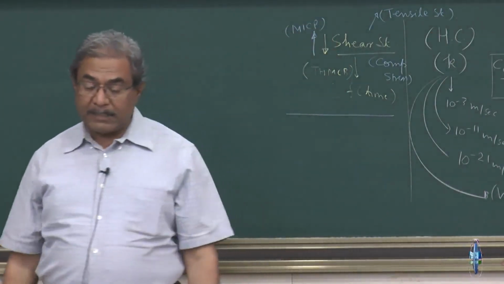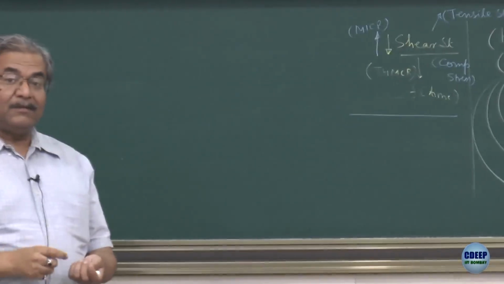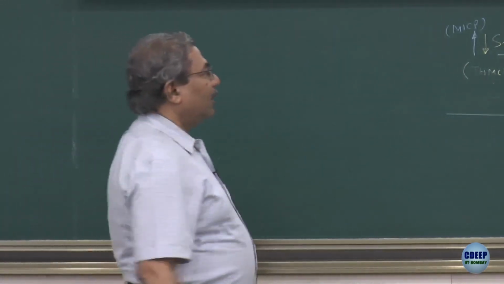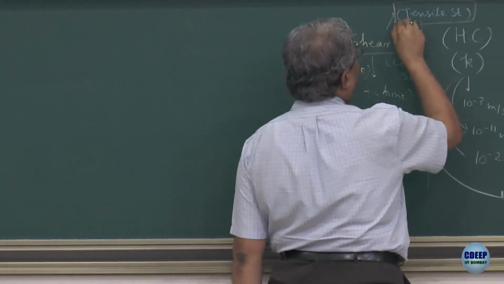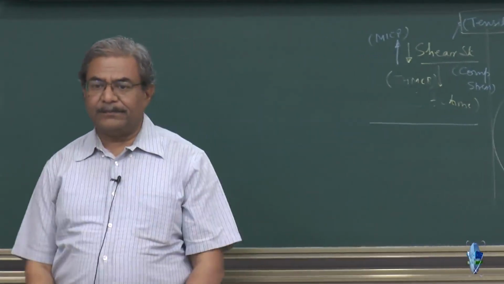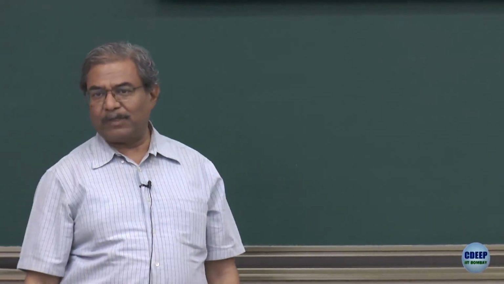And then there are specialized tests to get this parameter. Had it been a steel wire, what could we have done? We could have done an elongation test, correct? You must have studied this in your 10+2 physics also.